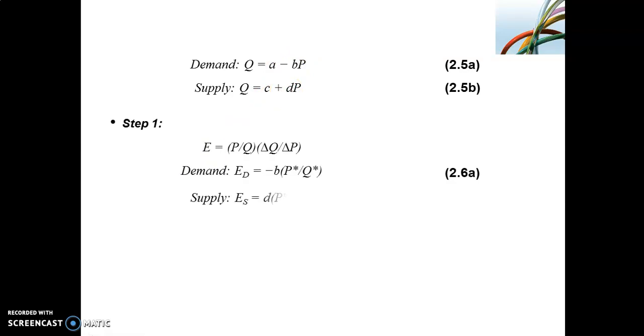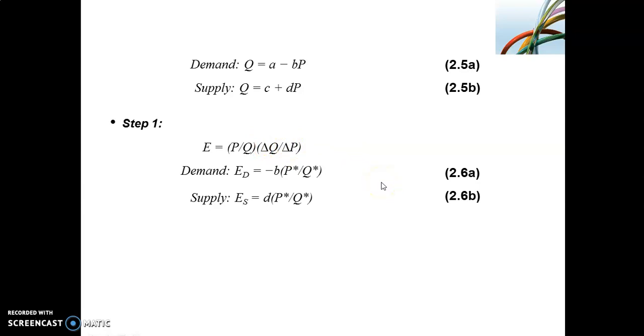Step 1, we know that the price elasticity can be written as our price elasticity is equal to the ratio of the price to the quantity, so at a particular point, multiplied by a change in the quantity demanded or quantity supplied over a small change in price.